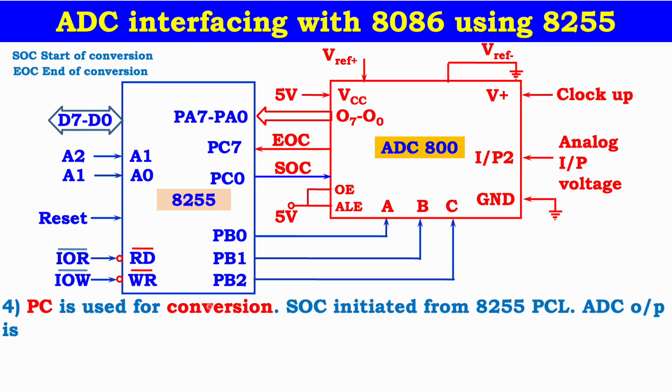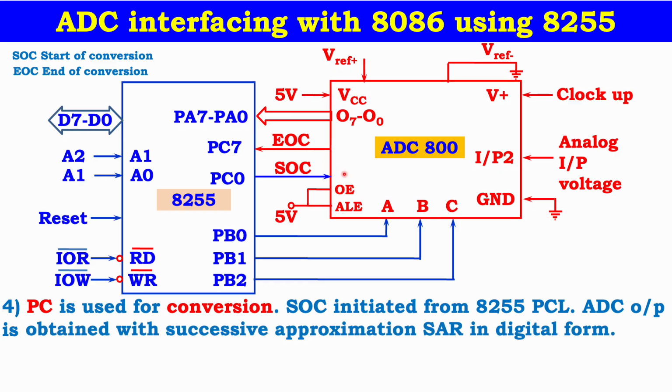Port C is used only for conversion. See there, the start of conversion and the end of conversion. Port C is exclusively used from start of conversion until end of conversion. We will observe how, one by one. The conversion is done by the SAR, that is, the ADC operation.